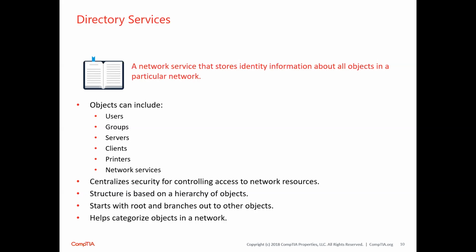By utilizing directory services such as Active Directory on Windows, you can easily centralize security for controlling access to your network resources. The structure is based on a hierarchy of objects, or maybe on departments, and starts with the root and branches out to other objects. That helps categorize objects in a network.